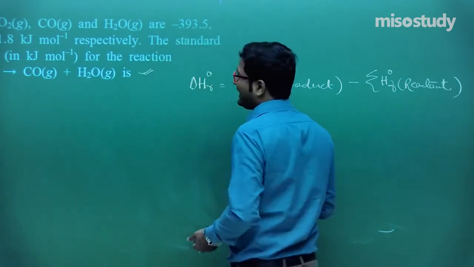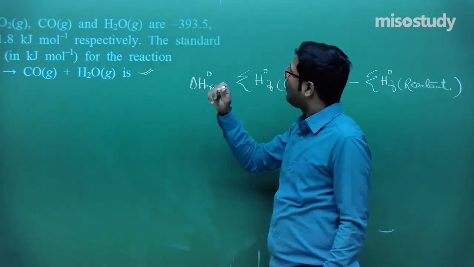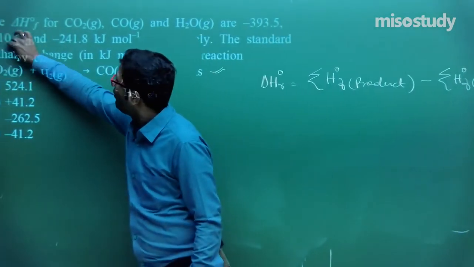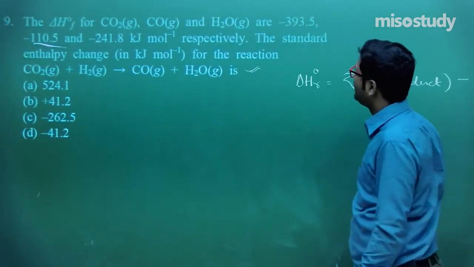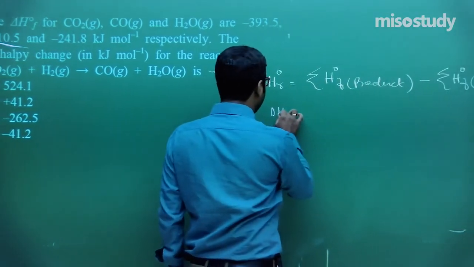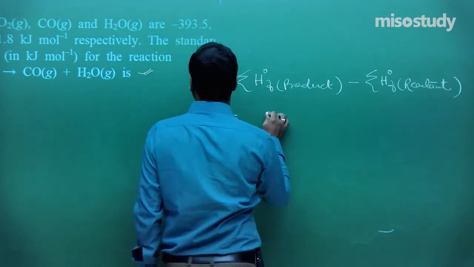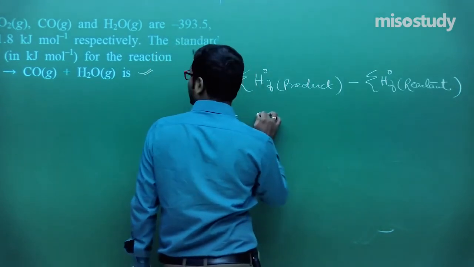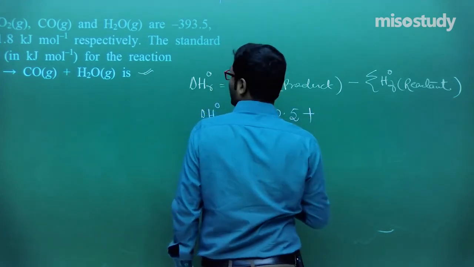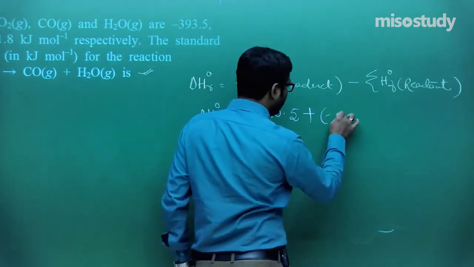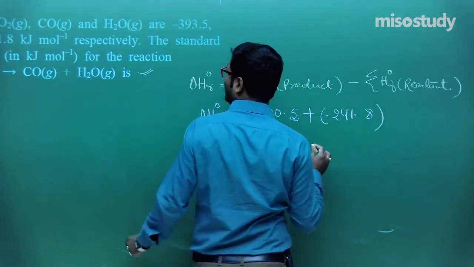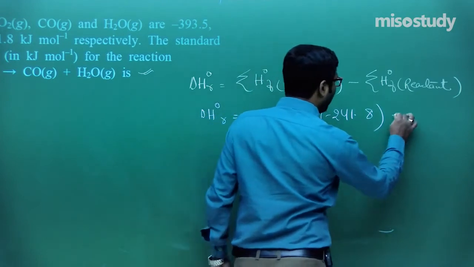What are the products? That is CO and H2O. The value for CO is minus 110.5 and for H2O minus 241.8, all in the same kilojoule, minus the reactants.